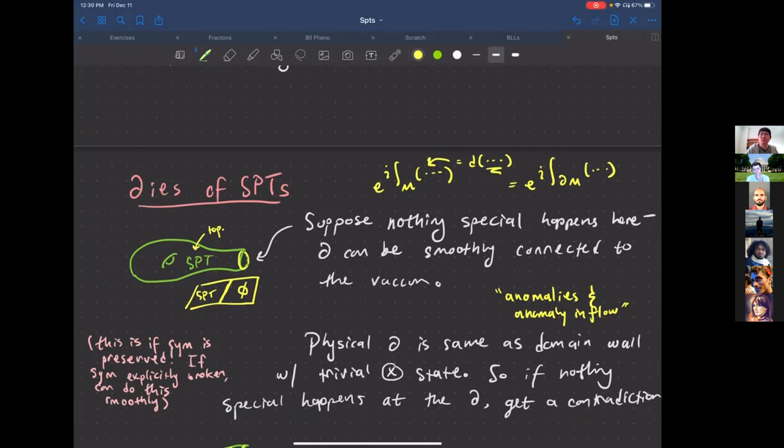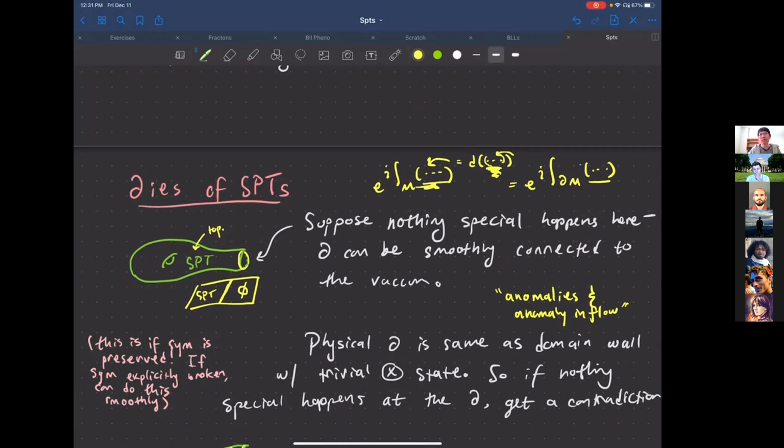But it's a general property of these response theories that this thing here is not well defined by itself. That just comes from writing this topological response action as a total derivative. When you write this as a total derivative, the thing inside the derivative is not well defined, because I can add derivatives, exact forms, if you will, to this and change the thing that's in here while preserving this.